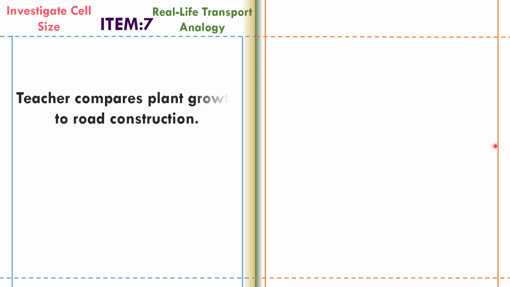We are still investigating cell size. Item 7: a real-life transport analogy. The teacher compares plant growth to road construction.